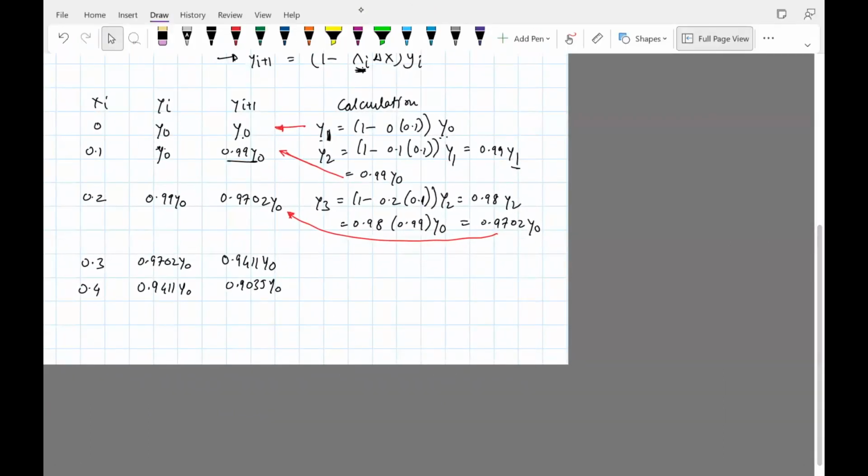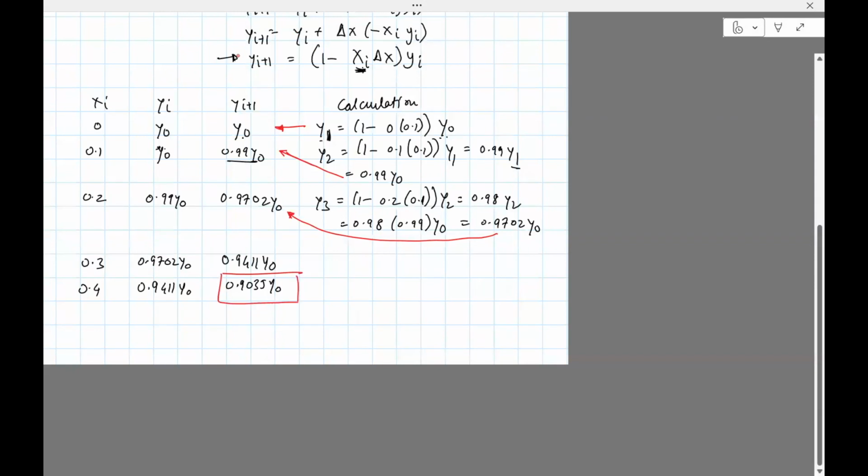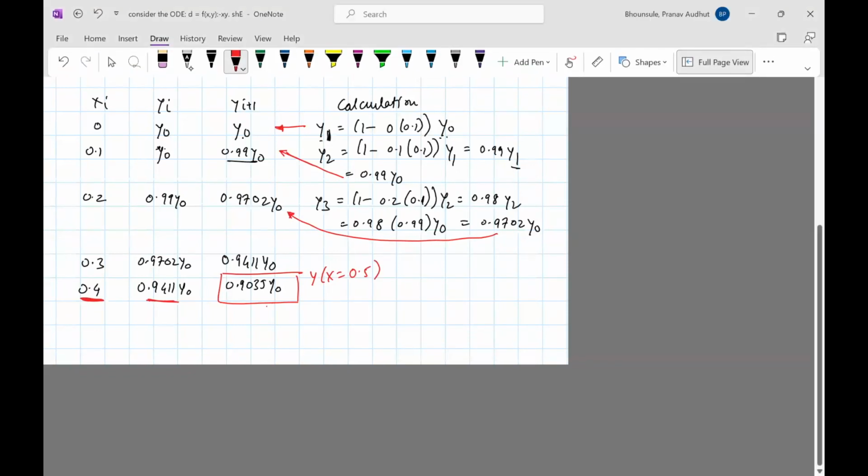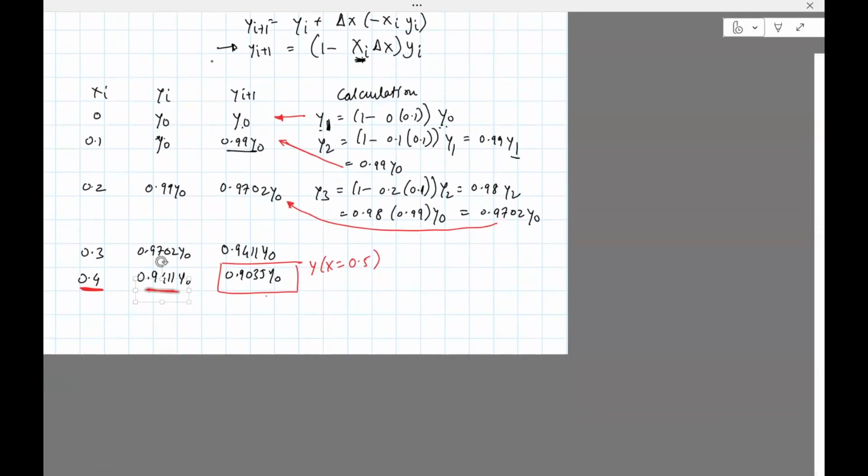Okay, so this is basically y at x equals 0.5, right? Using the 0.4 update to compute 0.5. But we know what y at 0.5 is. So 0.9035 y0 is y at x equals 0.5, but that is given to us.